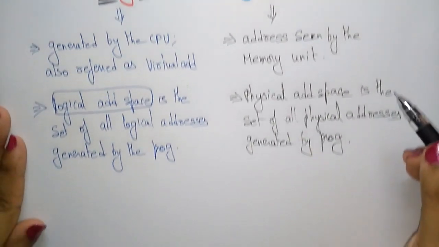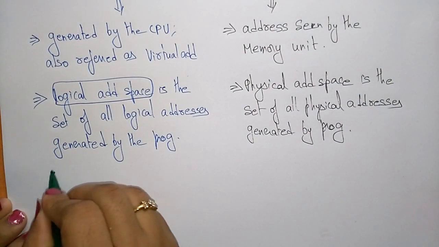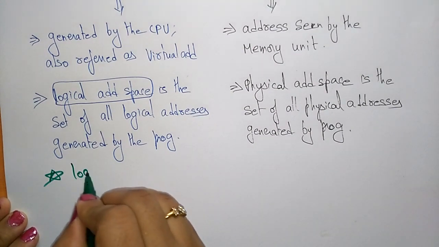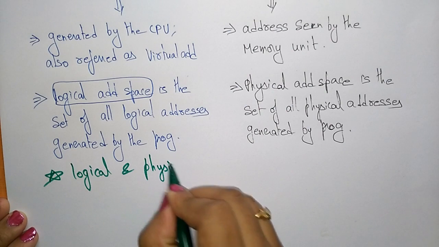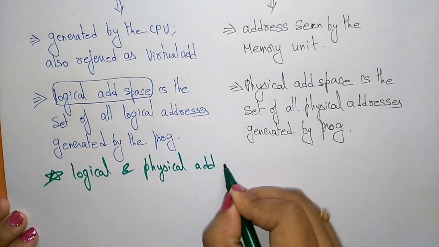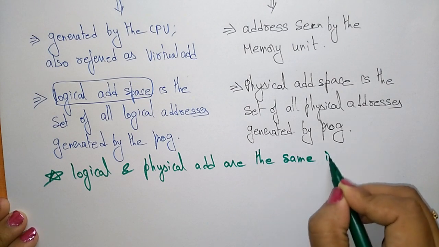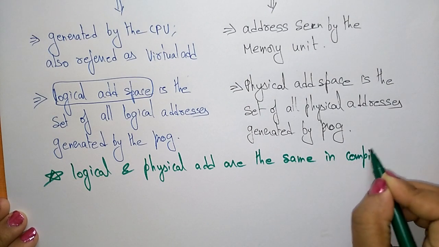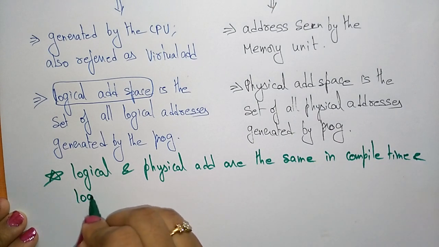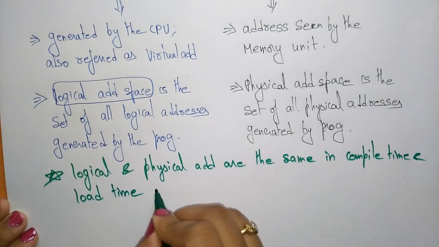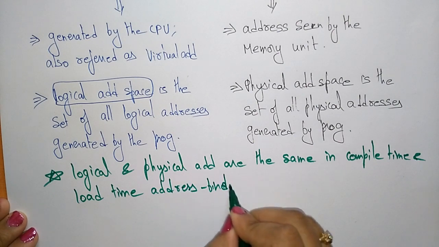Okay. And next, you have to remember this point about the logical and the physical address space. The logical and the physical addresses are the same in compile time as well as at load time, under the compile-time and load-time address binding scheme.